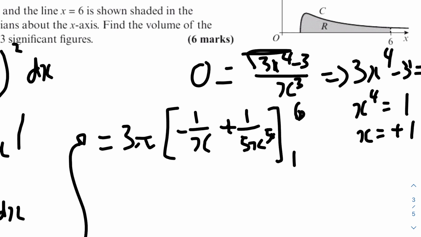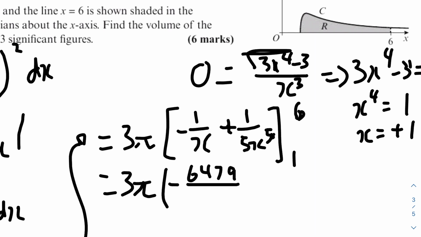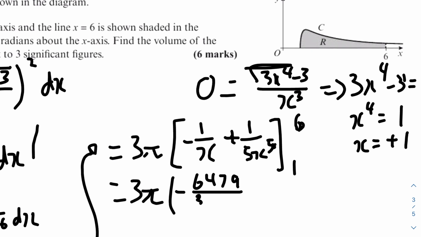So we basically just substitute the values in. So substituting x equals 6 will get us, let's just put it in my calculator, minus 1 over 6 plus 1 over 5 times 6 to the power 5, and that is minus 6479 over 38880, minus when x equals 1, which is minus 1 over 1 plus 1 over 5 times 1 to the power 5.